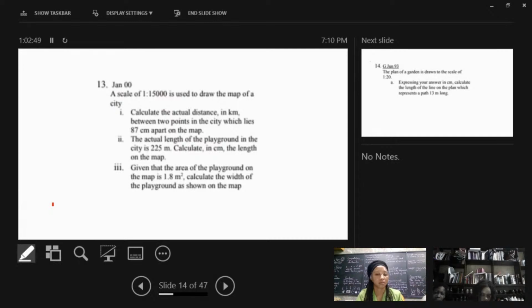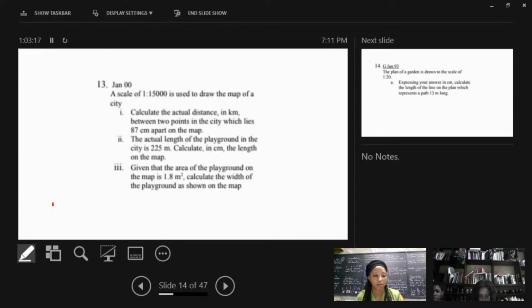The actual length of the playground in the city is 225 meters. Calculating centimeter length on the map. I. Given that the area of the playground on the map is 1.18 meters squared, calculate the width of the playground as shown on the map.